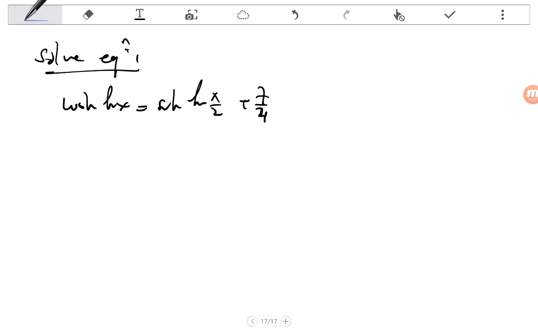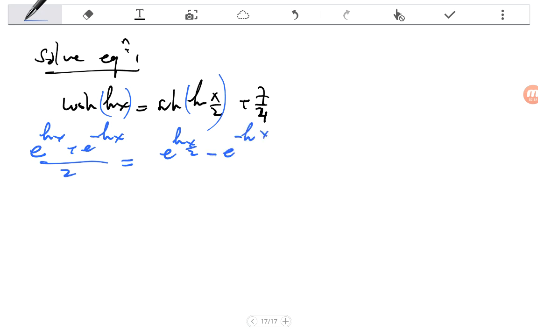Also we have simplifications in this case: an ln inside a cosh, or an ln inside hyperbolic functions. How do you deal with that? By the definition. (e^(ln x) + e^(-ln x))/2 = (e^(ln x) - e^(-ln x))/2 + 7/4.